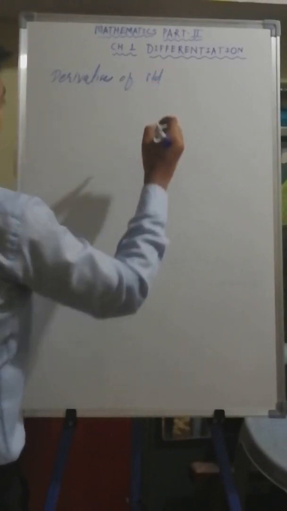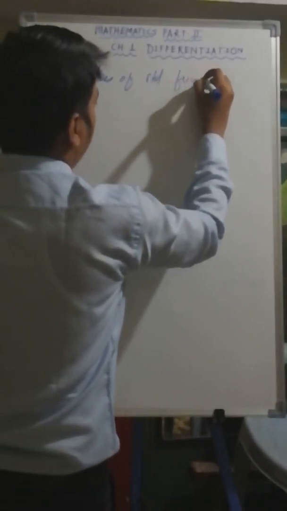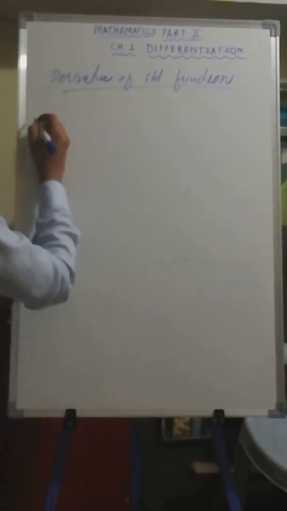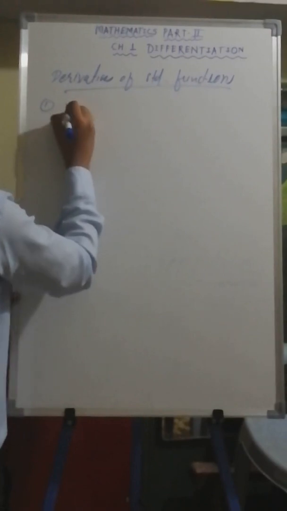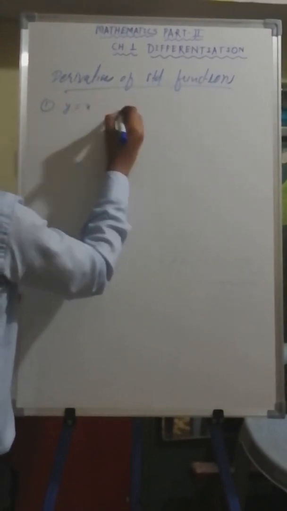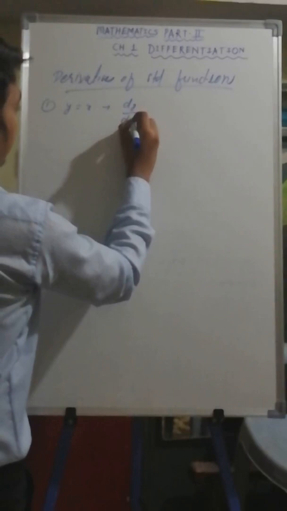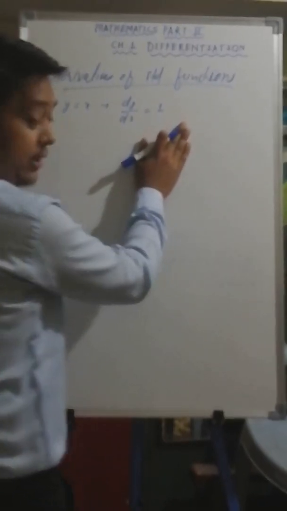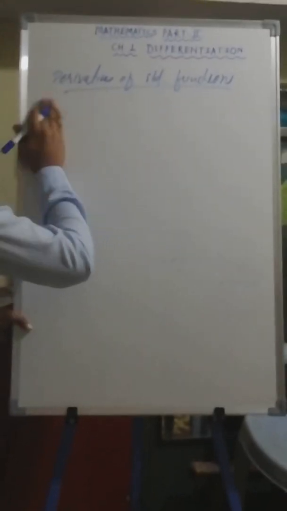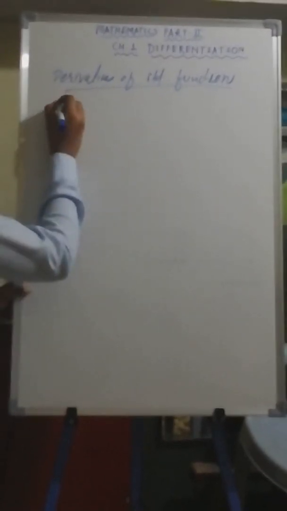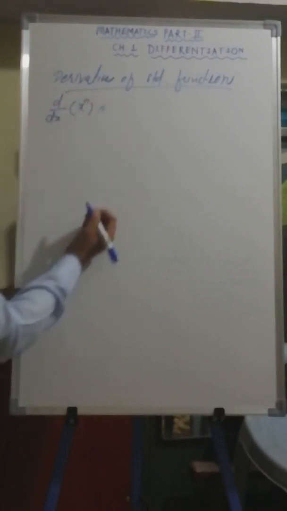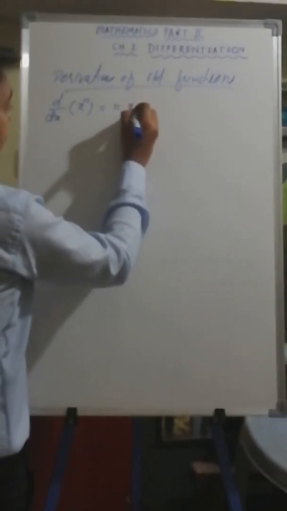Derivative of some standard functions. If we take y equal to x, then its derivative dy by dx is equal to 1. But before this we write a very important formula: dy by dx of x to the power n is n into x to the power n minus 1.